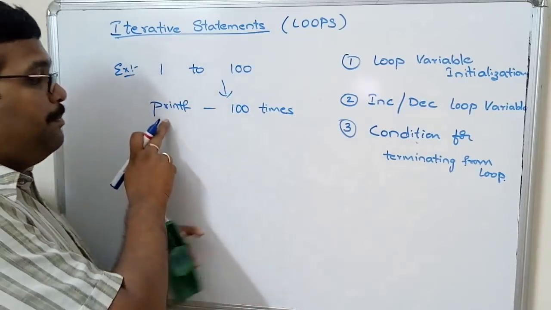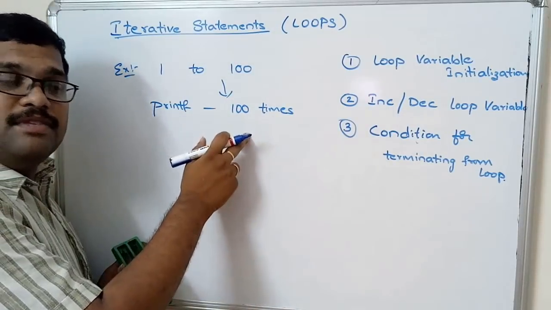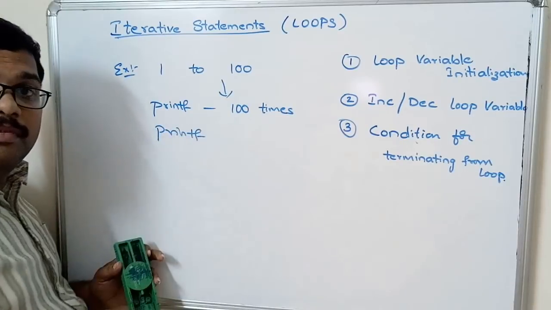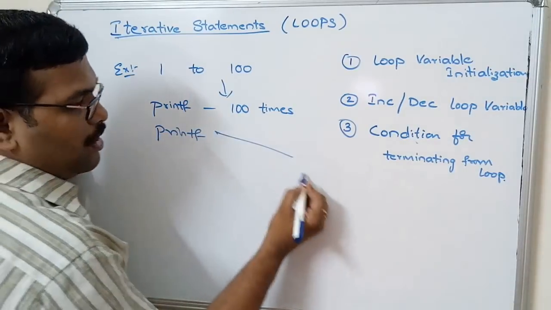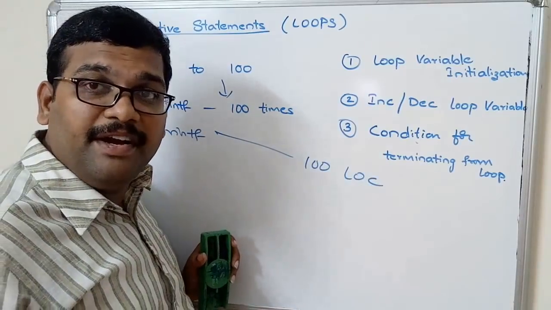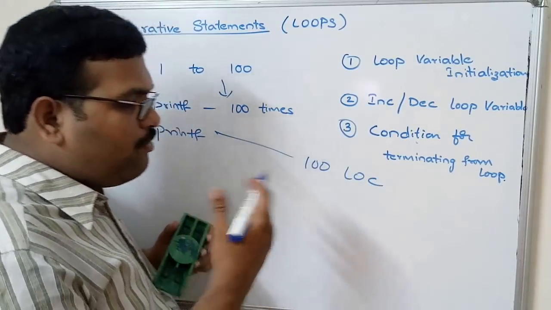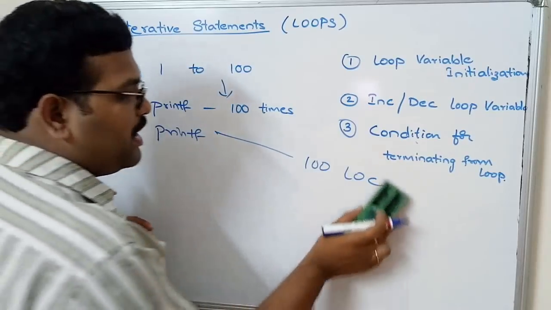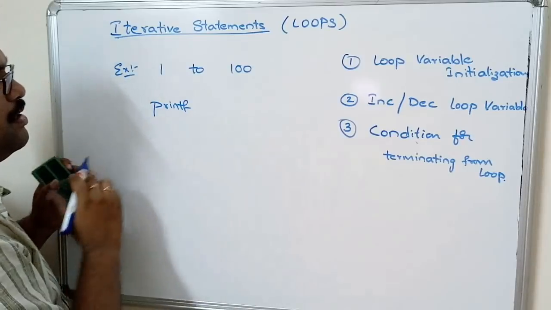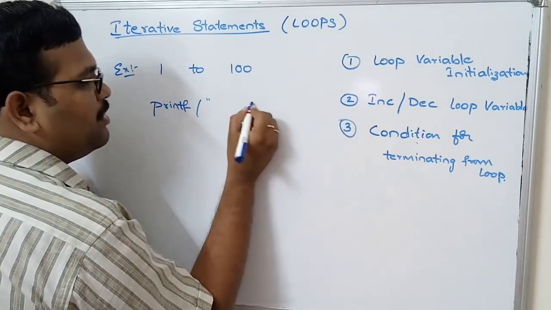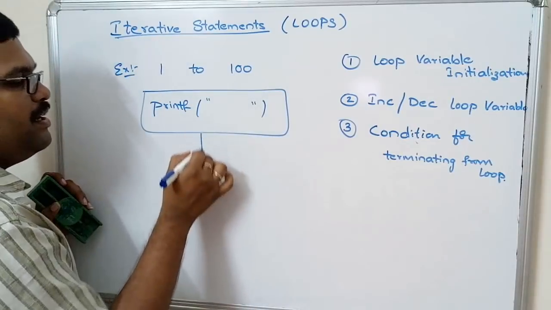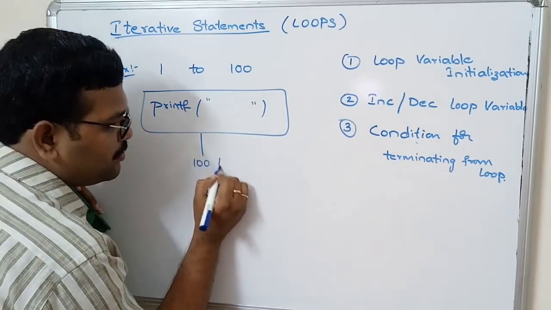That means 100 printfs we have to write in the program. So 100 lines of code will be there. In order to avoid these lines of code, we can write a single printf statement and execute the same statement 100 times.